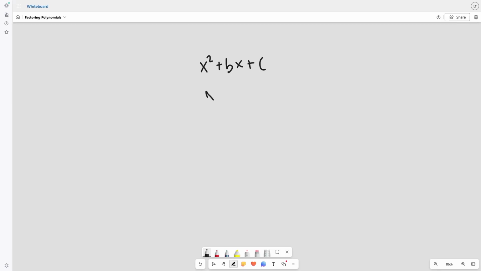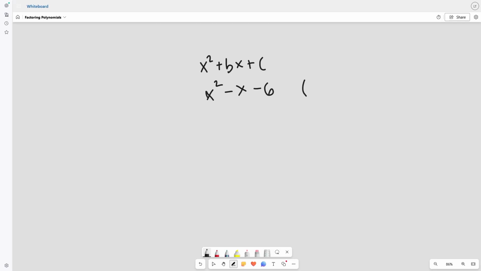So let's look at an example of this. We have x squared minus x minus 6. So what we're thinking here is, what are the factors that add up to -1 and multiply together to get -6? What you can do here is list them out.